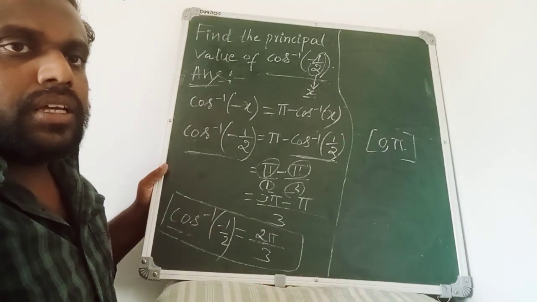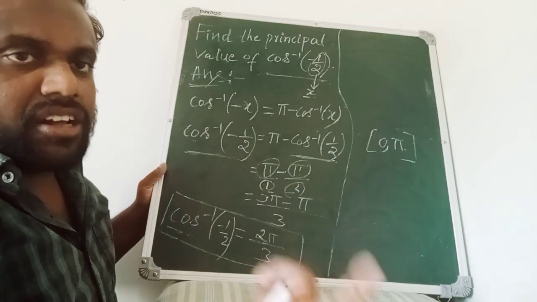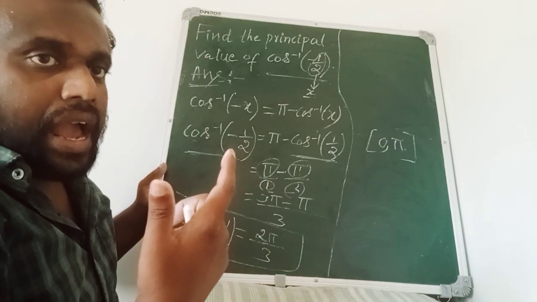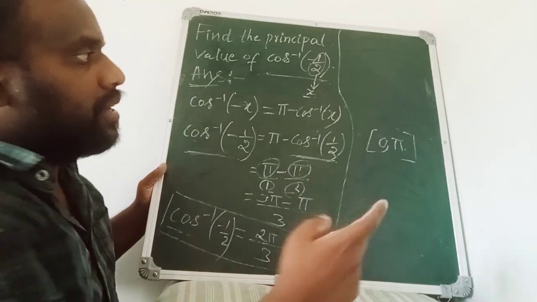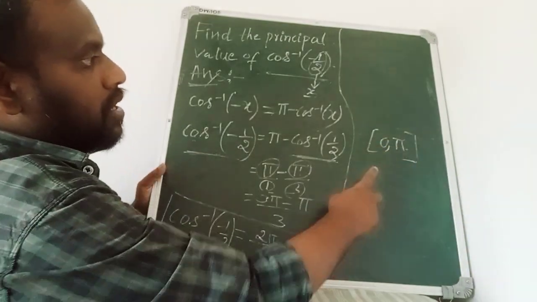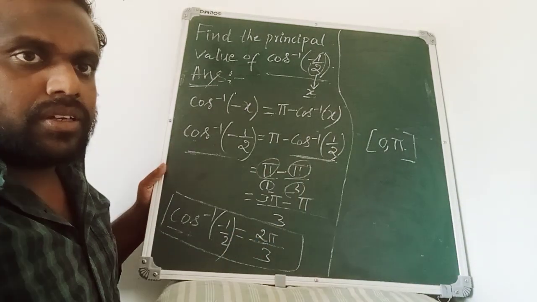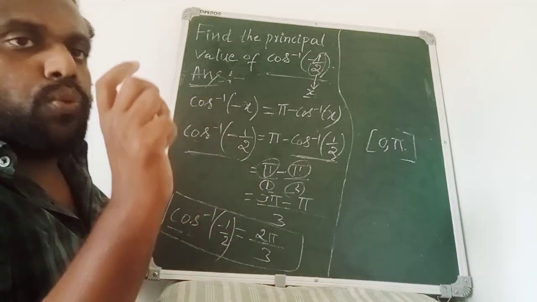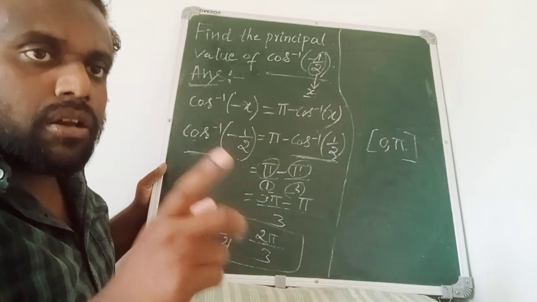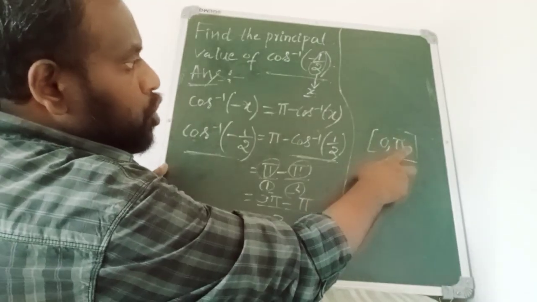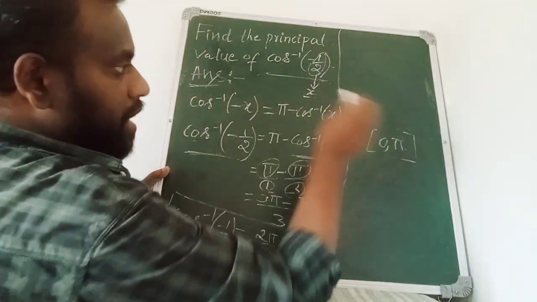Range means the values, whatever angles we get, will always be between 0 and pi, including 0 and pi.